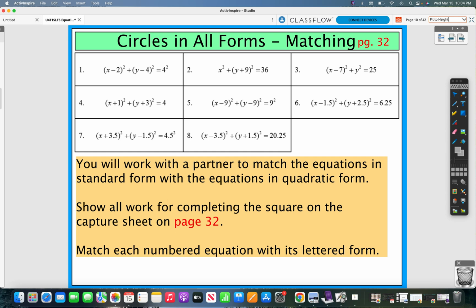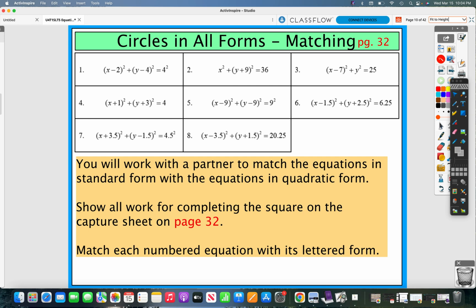Your capture sheet is page 32. You're going to match each numbered equation with its lettered form, okay? So you're going to take the original equation that you're given, and then you're going to put it into standard form and match it. This is kind of like your answer bank, okay?